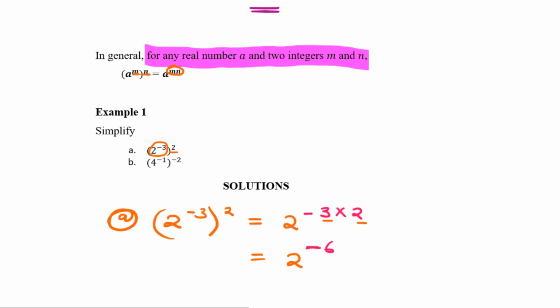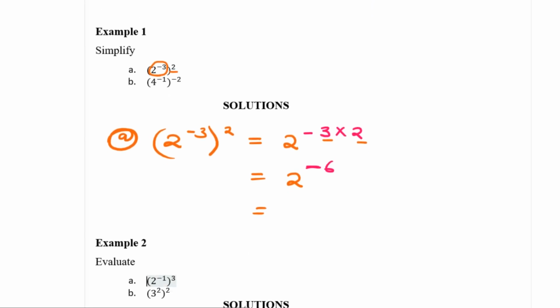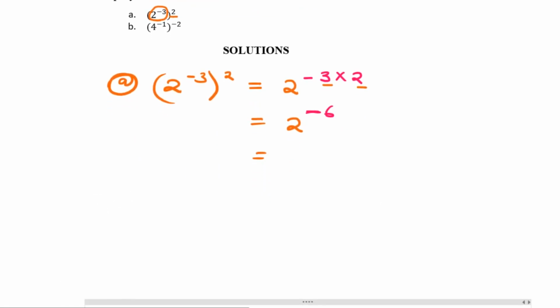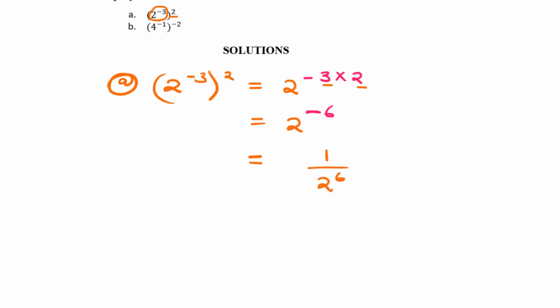We introduce a 1, and this is equal to 1 over 2 to the power 6. Remember, when you introduce a 1, the index becomes positive.